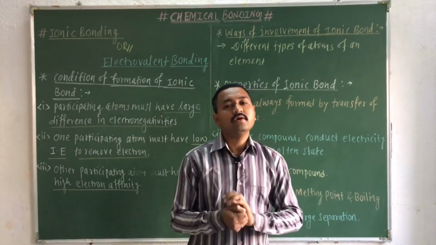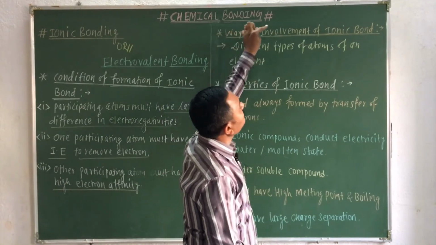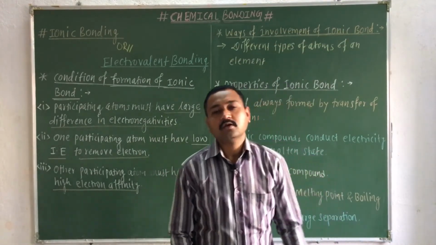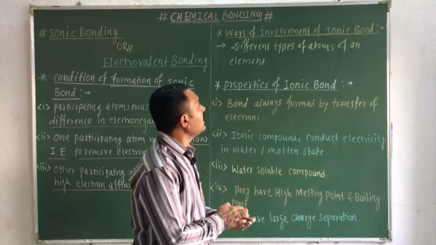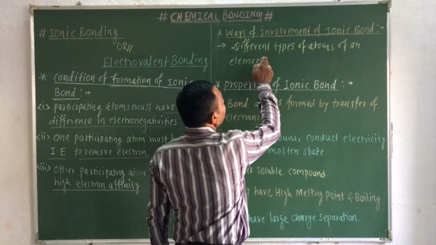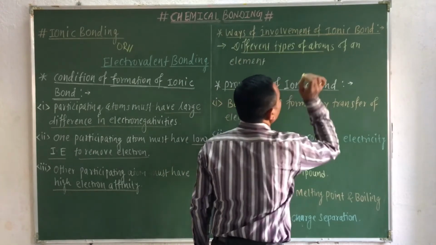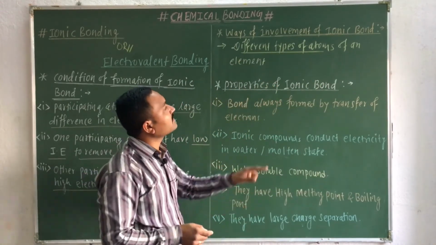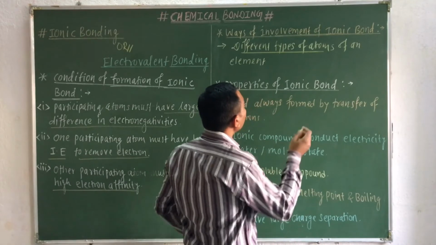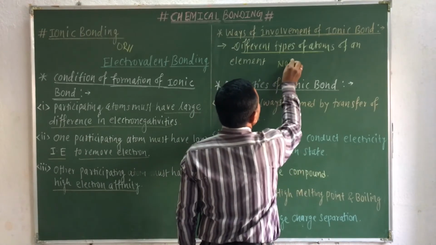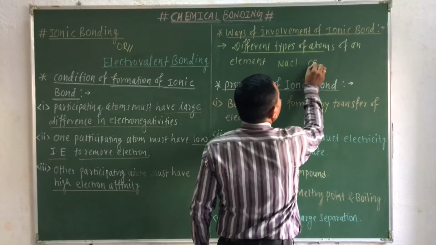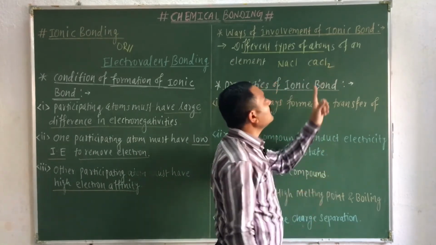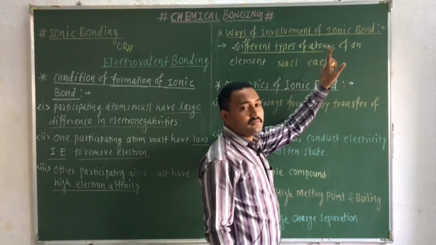Next, we have to consider the way of involvement of ionic bond. Here we are going to consider the different types of atoms. Only different types of atoms can form the ionic bond. We have studied the example NaCl, here sodium and chlorine. Second example that we have considered is CaCl2, calcium and chlorine.